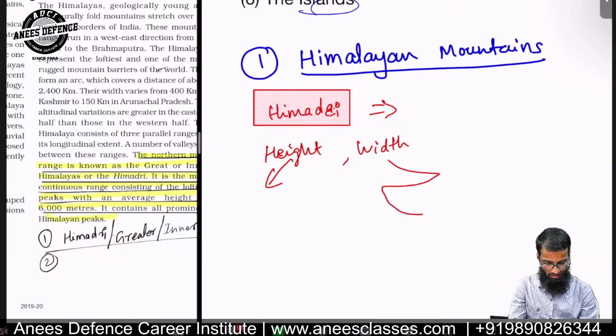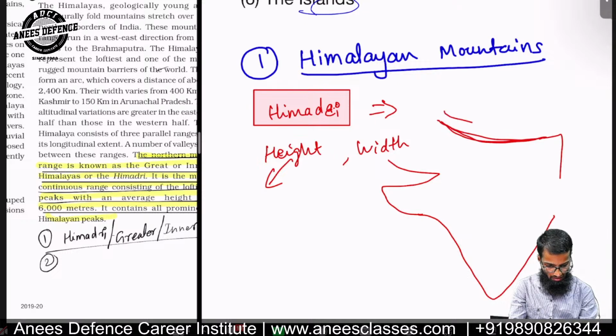Let us say this is the arc of Himalayas. Okay. So I need to draw such diagrams. So the first is Himadri, second is Himachal, third is what? Third is Shivalik. So these three mountain ranges we are studying.